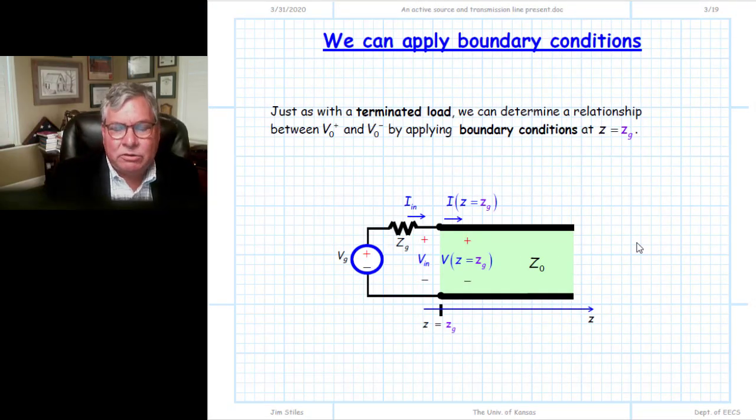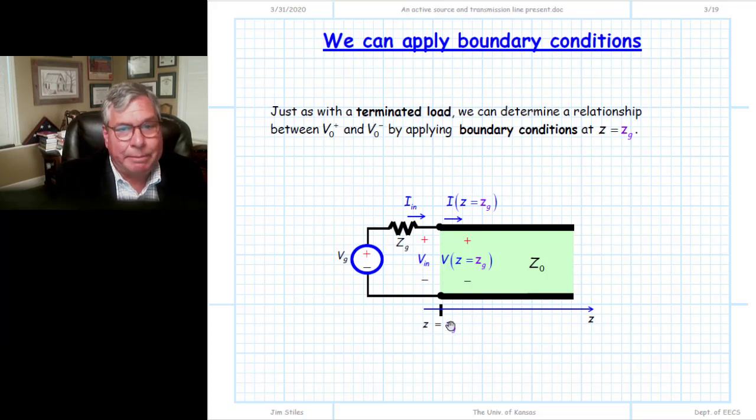Now, the important values in our analysis are going to be the value of the total voltage along the transmission line when evaluated at the location where the source is attached. So we look at our index Z, we see it's increasing as we're moving from left to right as it normally is. But in this case, the source is attached to the beginning of the line here, and we'll call the index for that location ZG, this purple ZG.